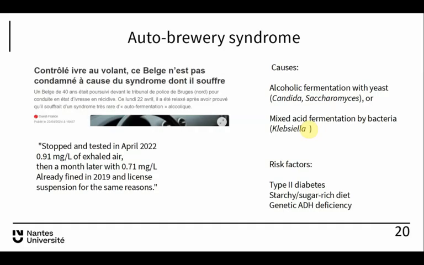And in that case, this kind of auto-brewery syndrome is more frequent. It was published years ago in the medical literature in Japan. People driving around in their car are stopped by the police, they've got alcohol in their blood, and it's because they've had a meal with a lot of rice, and the gut bacteria and gut yeasts are fermenting it into ethanol.